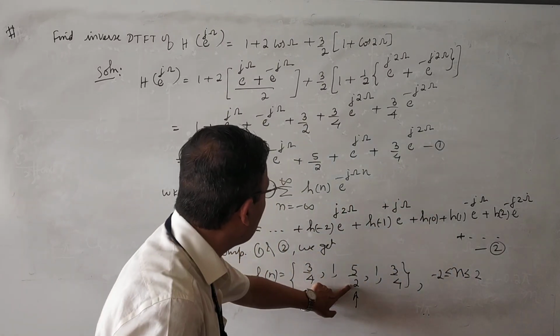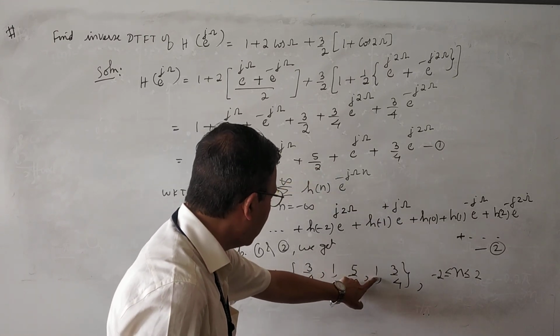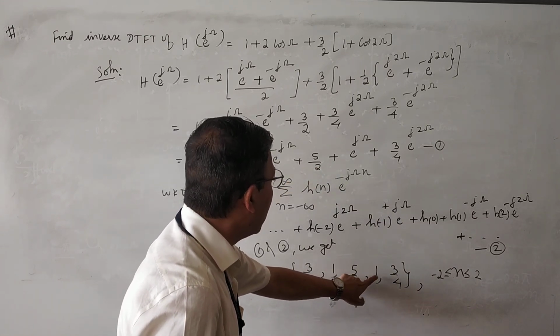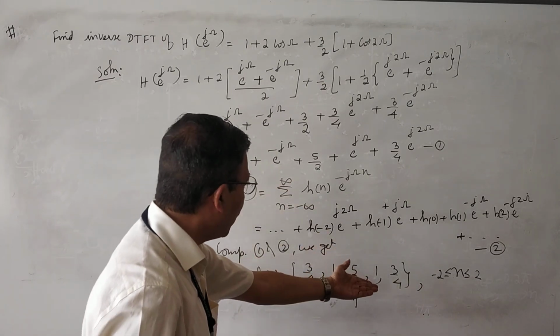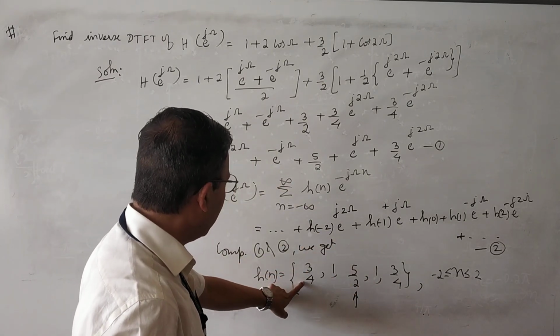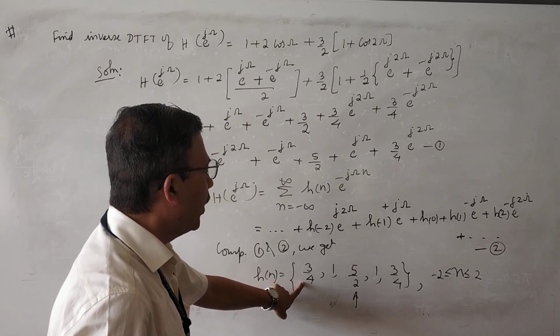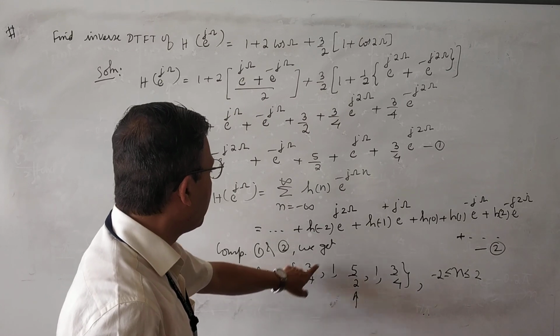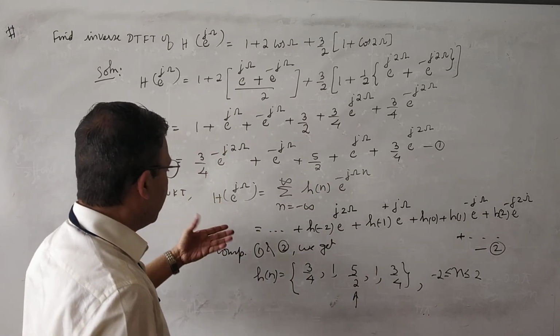This is h of 0, which is 5 by 2. This is h of 1. What is h of 1? The coefficient of e power minus j omega, which is 1. And this is h of minus 2, the coefficient of e power j times 2 omega, which is 3 by 4.